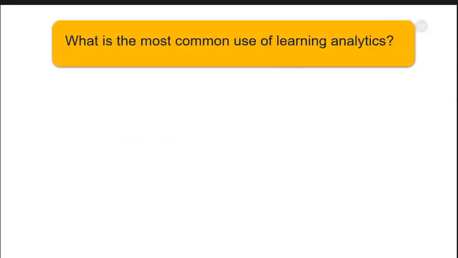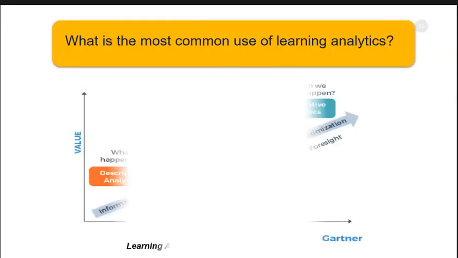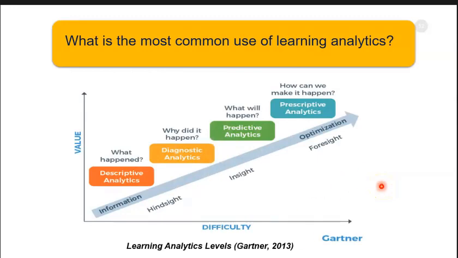Let's see. What is the common use of learning analytics? For example, there are different models, but the most common model is Gartner's, which was developed in 2013. Here we can see this is the difficulty and this is the value. So how can these tools work?